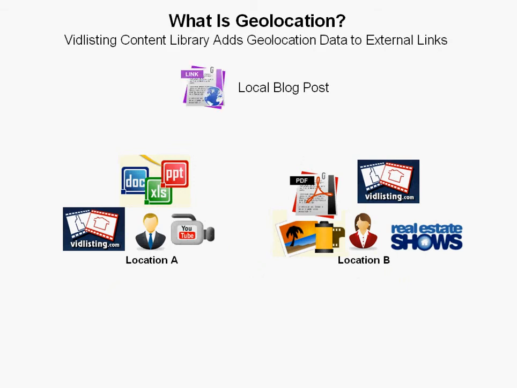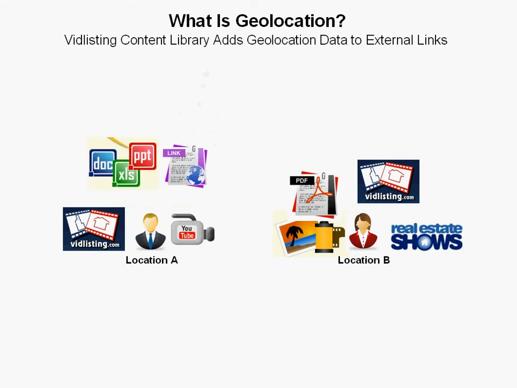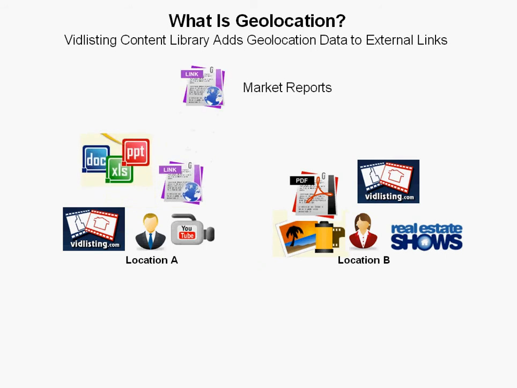One of the things that vidlisting can do is geolocate local blog posts that haven't even been written by you. There's a set of people writing about your particular local area. Vidlisting has an engine, a motor, that goes out and looks for that content, geolocates it, and makes it available to you within your particular location.